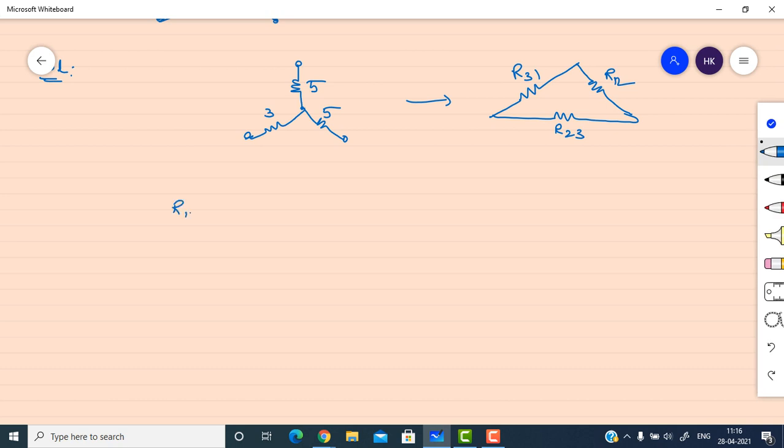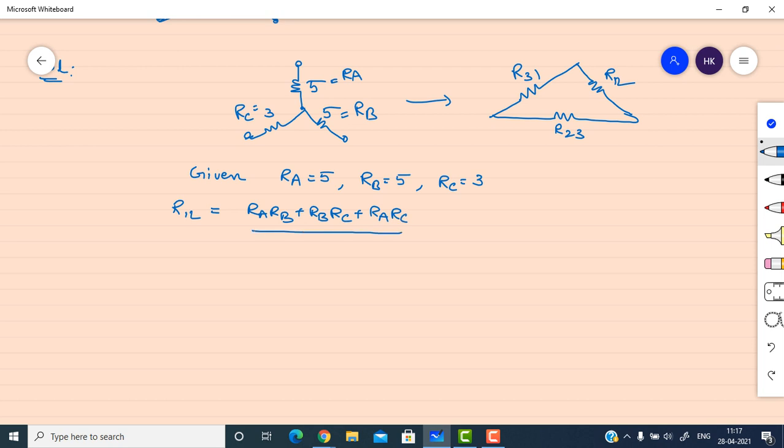To find R12, I told you the numerator is the same. The numerator is RA RB plus RB RC plus RA RC. So first write down the RA, RB and RC values. RA is 5 ohms, RB is 5 and RC is 3. So R12 equals (RARB + RBRC + RARC) divided by the opposite resistance.